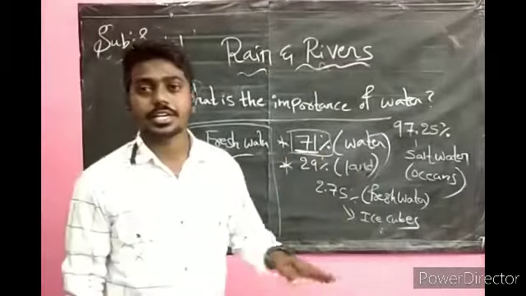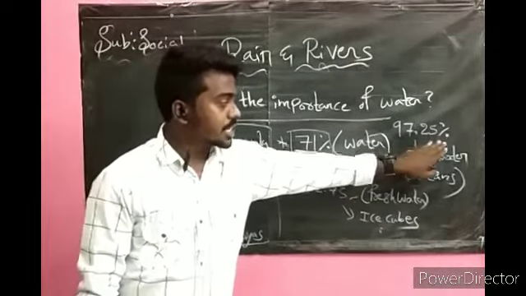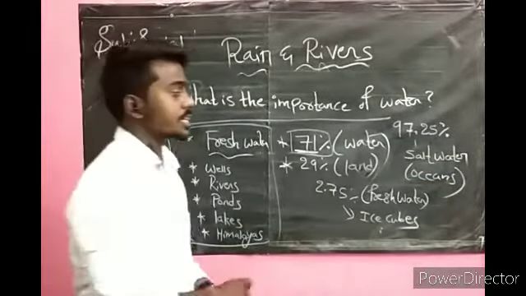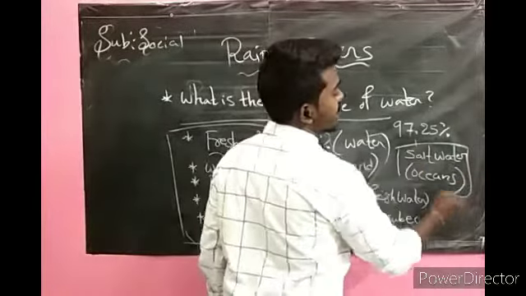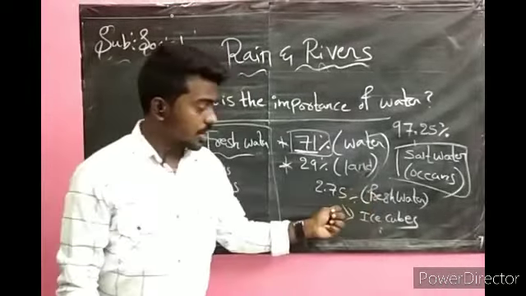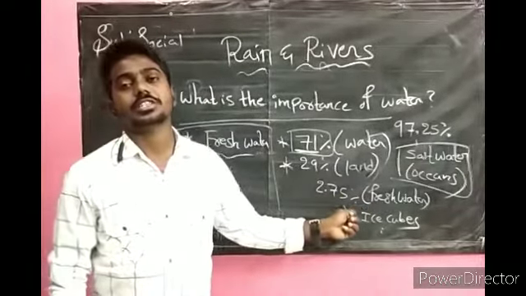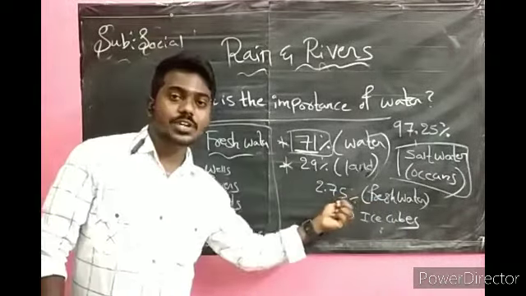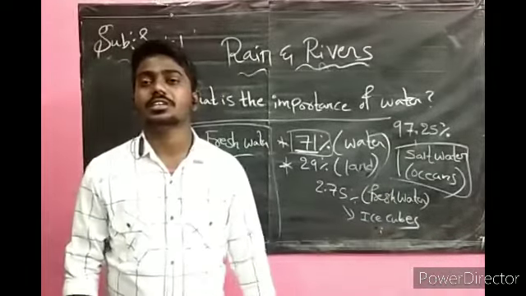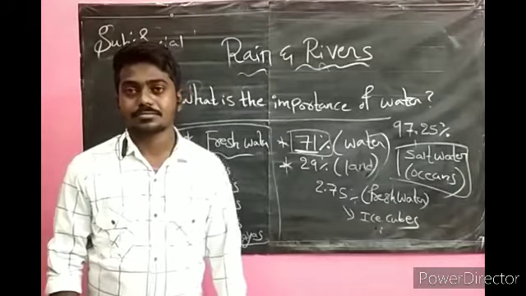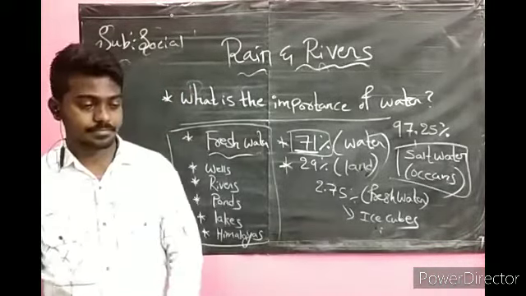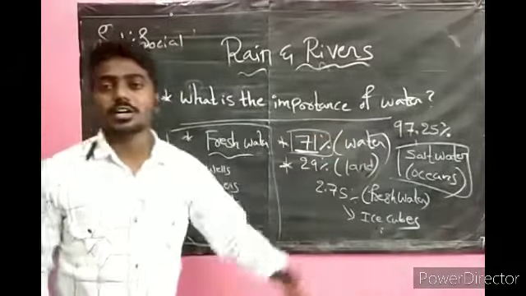Out of 71%, 97.25% is salt water only, which comes from oceans. It is not usable for drinking. We cannot drink salt water. Only 2.75% is fresh water. In this fresh water also, a larger percentage is in the ice of Antarctica, Arctic, and Himalayas. Okay, this is about the importance of water.